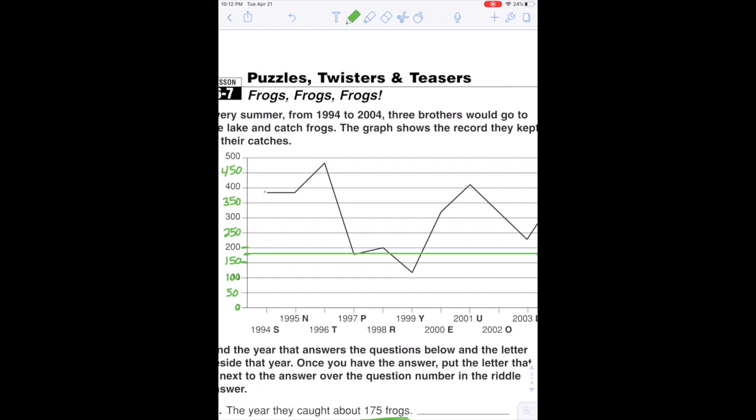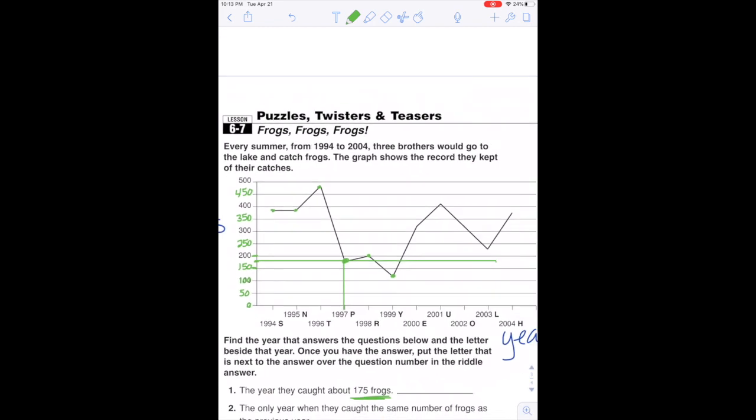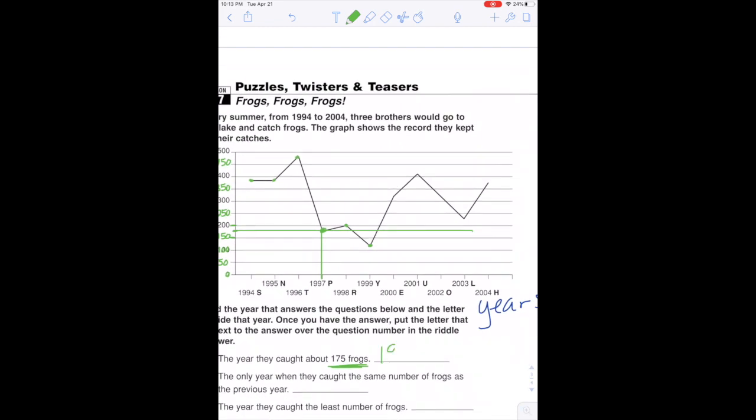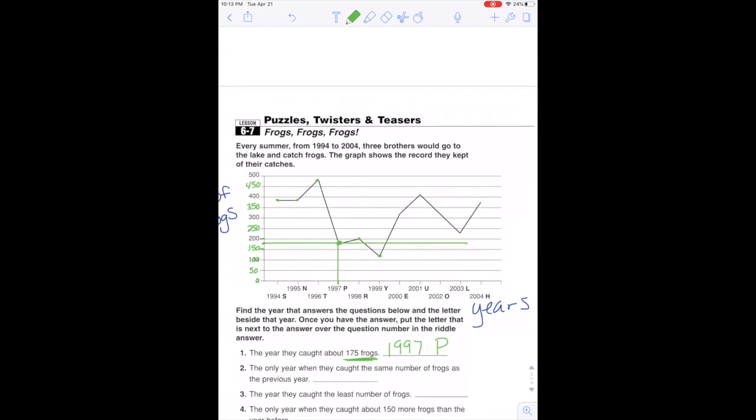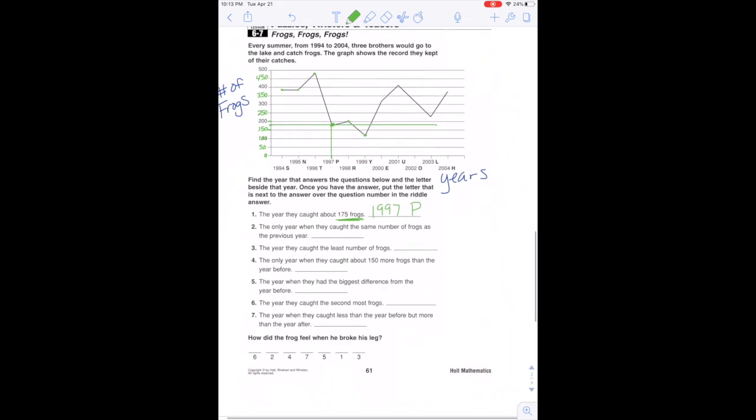If I look at each of the years, they're kind of where these little joints are. I noticed that one fell on our line right here. So I'm going to trace that all the way down, and the answer I'm going to put is 1997. And the letter is P. So down below where number 1 is, I can put the letter P. That's my answer.